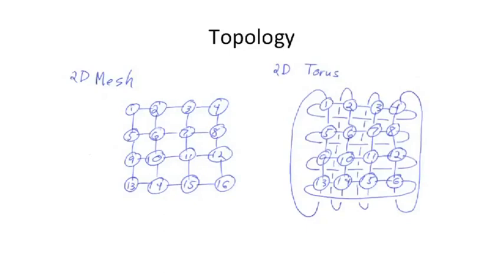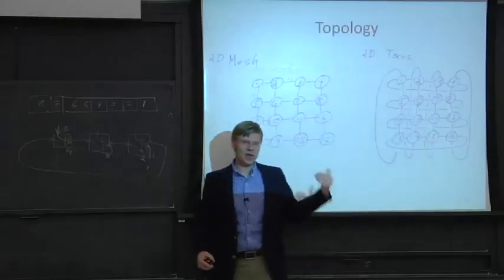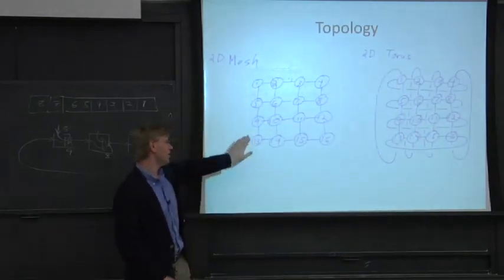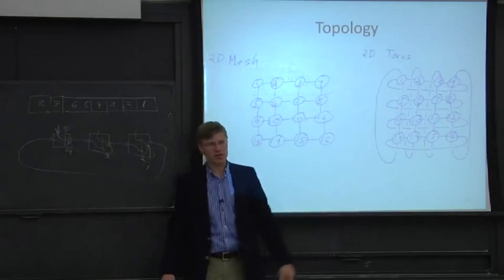So we can start to go to higher dimensioned topologies. We can start to use 2D topologies, or 3D. And you can see here, we have, let's say, 16 nodes arranged in a 2-dimensional mesh, versus here we have a 2D torus. And the difference between the 2D mesh and the 2D torus is that there's what's called end around in the torus.